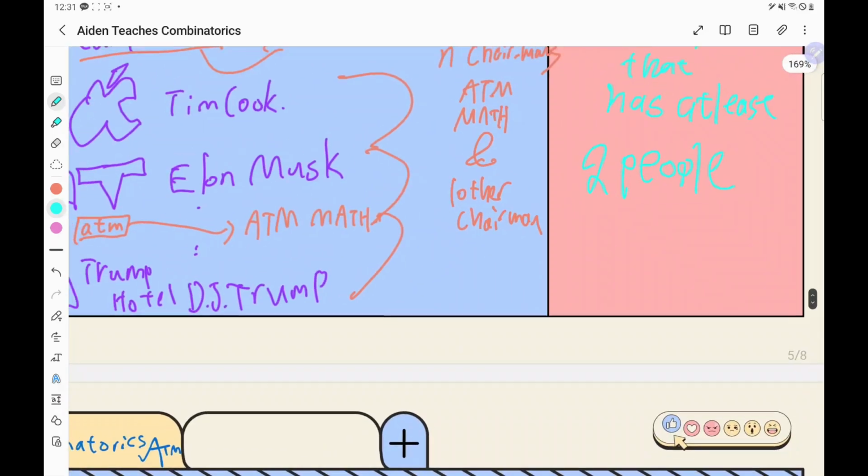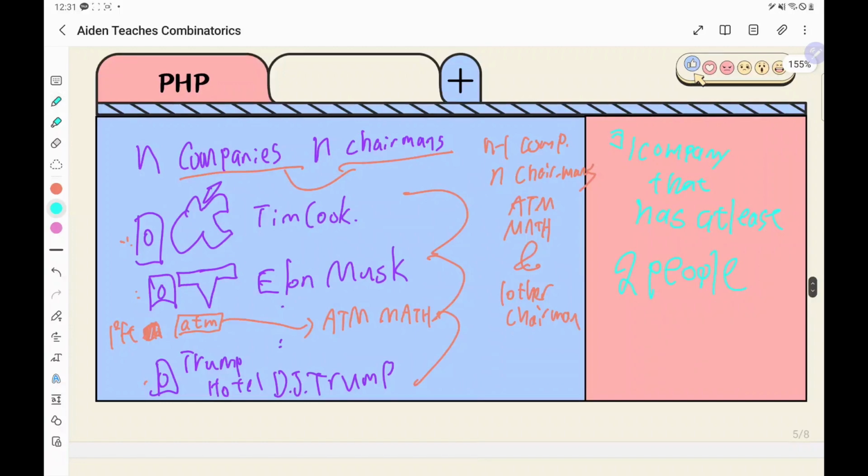But if we go a little bit deeper and organize it in a better way, we should go by n companies and n plus 1 chairmen.